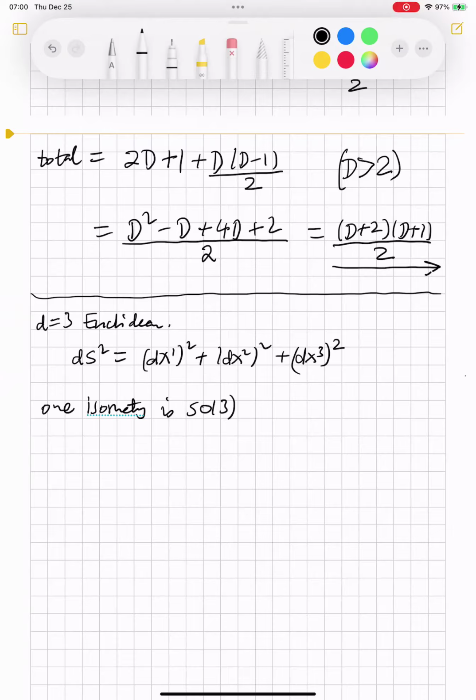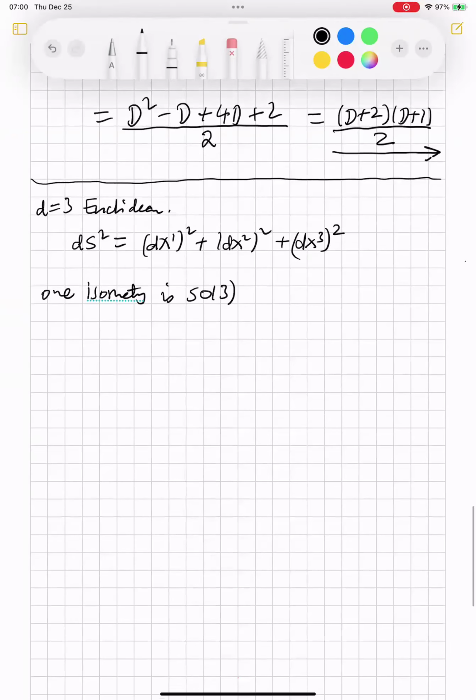If you ask how many rotations there are, there are a total of 3 rotations. Now, let's talk a little bit about where this 3 comes from. 3 dimensions is like the 3 dimensions of our world. You might think that you're rotating about X, rotating about Y, rotating about Z. That's the wrong way of thinking.